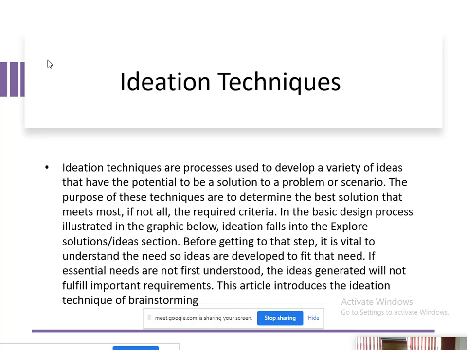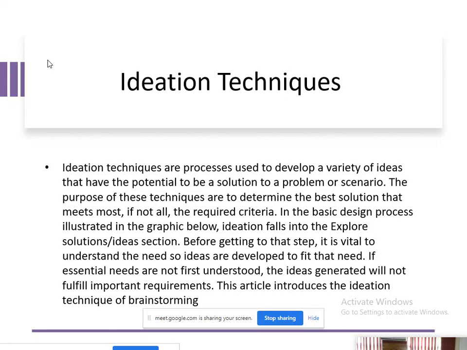Okay. So, what are the essential needs for this? I already told you that we need to collect a lot of ideas through the innovation team, because the innovation team consists of a lot of experts, and the experts can suggest a lot of ideas through which the problem can be solved.